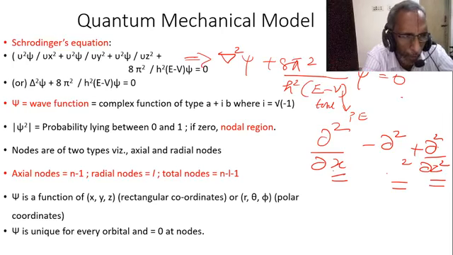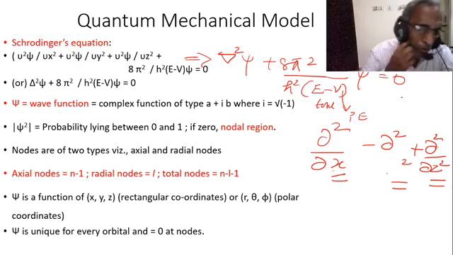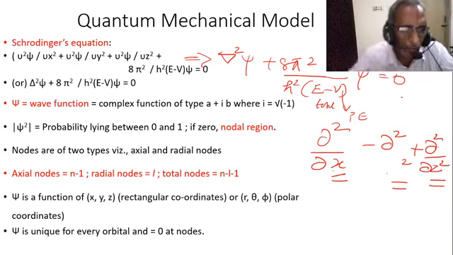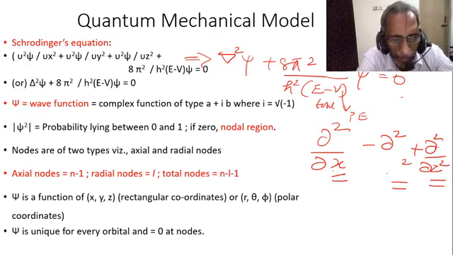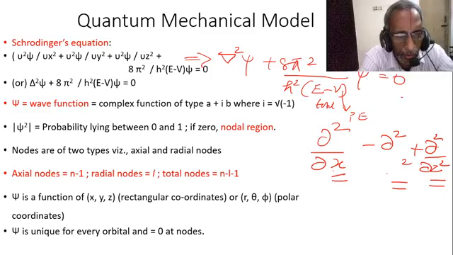Nodes are of 2 types: radial nodes and angular nodes. Radial nodes equal n minus l minus 1, where n is the principal quantum number. Angular nodes equal l, where l is the azimuthal quantum number. Total nodes are n minus 1.